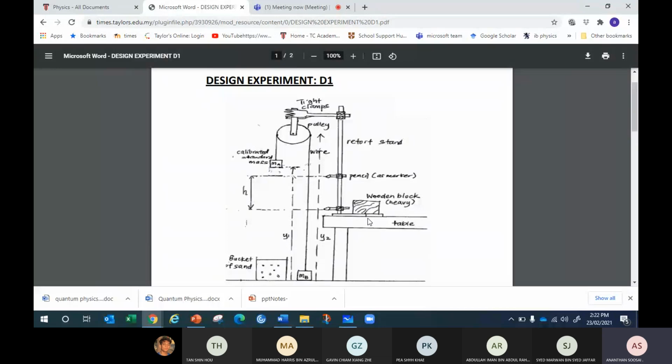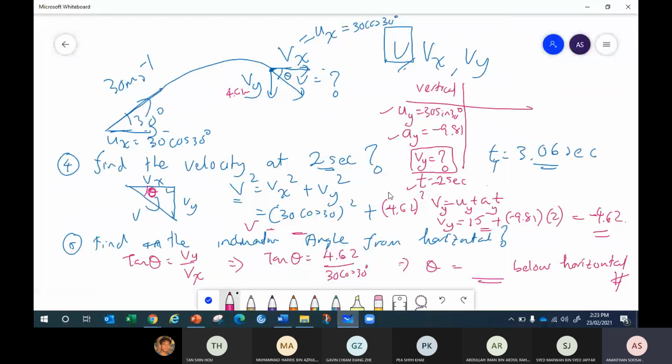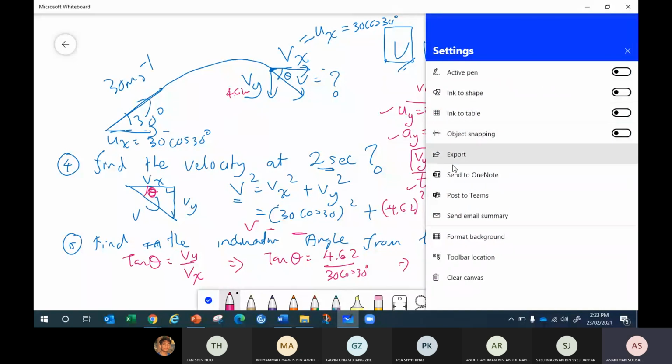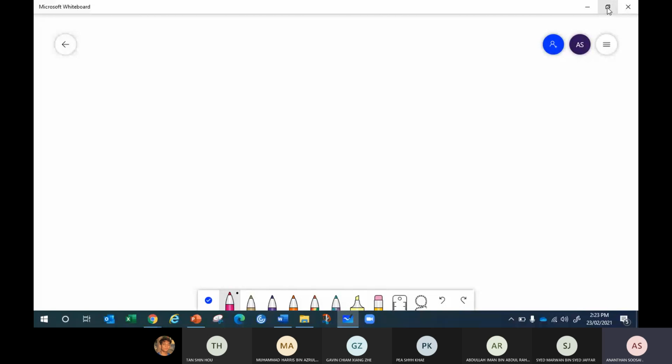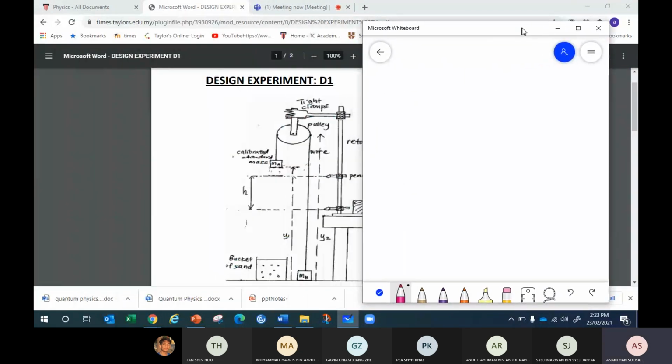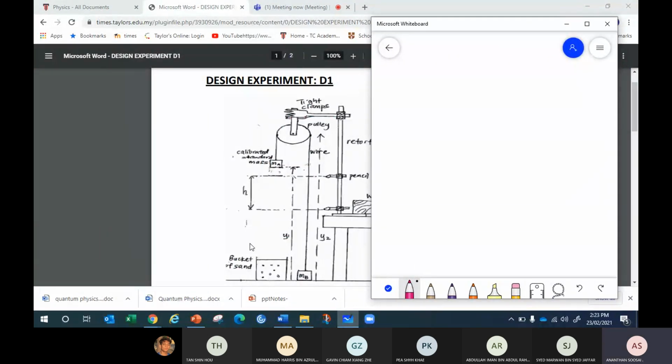We have a G clamp, a tight clamp. This is one example. You can use another retort stand at the side if you want, about the mass MA here.